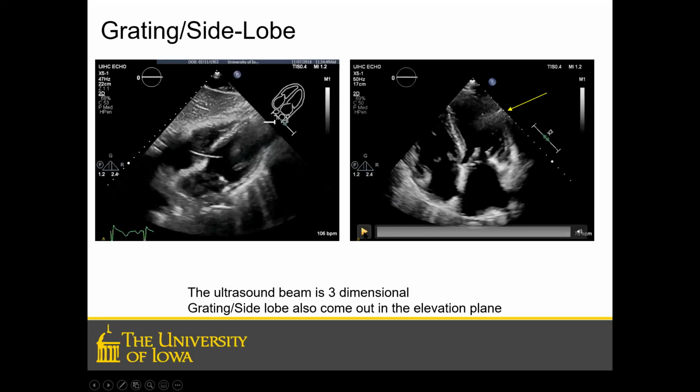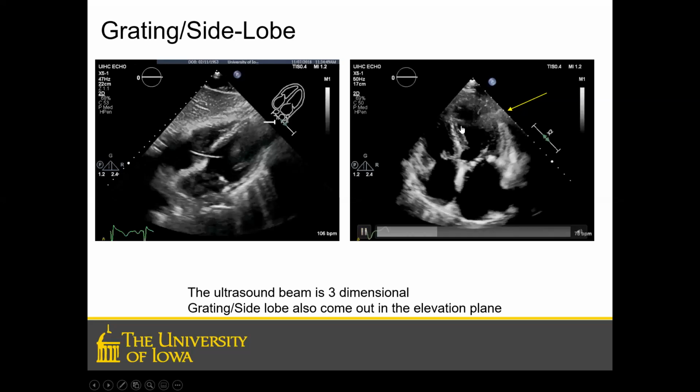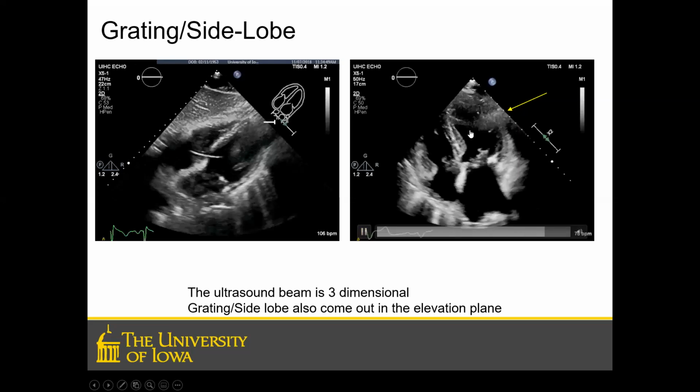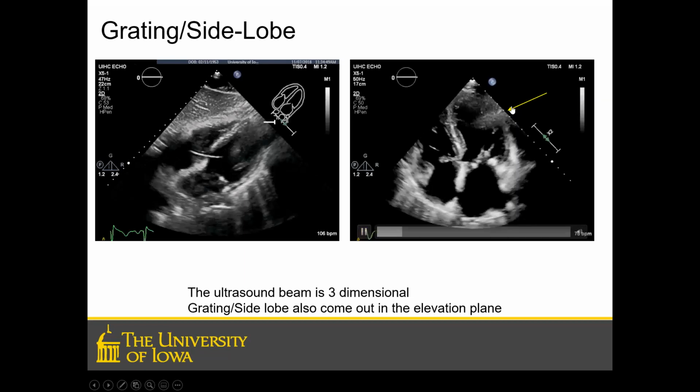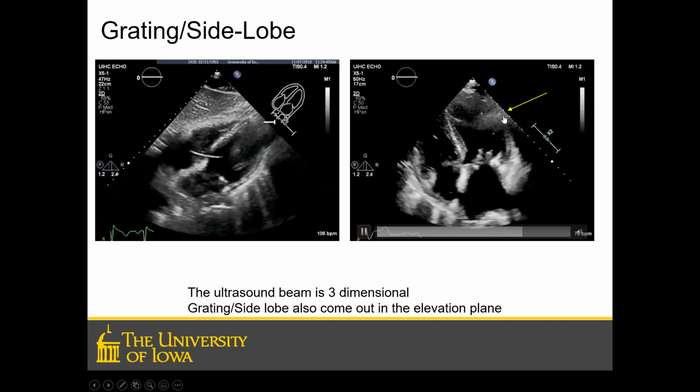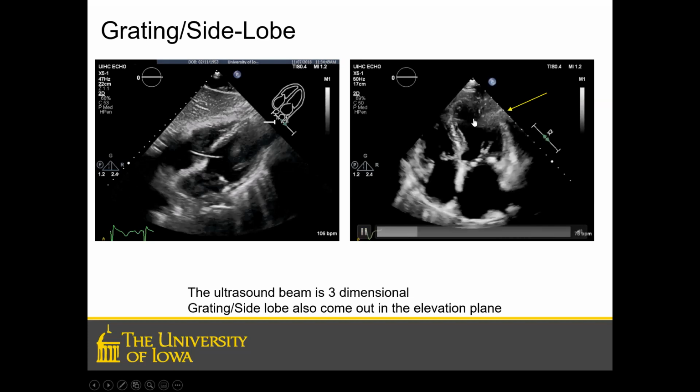And here's a grating lobe that you might see a lot. Sometimes people call these a rib artifact. All that's saying is there's a grating lobe coming out and it's hitting a rib or something else and displaying this band of echoes coming across.